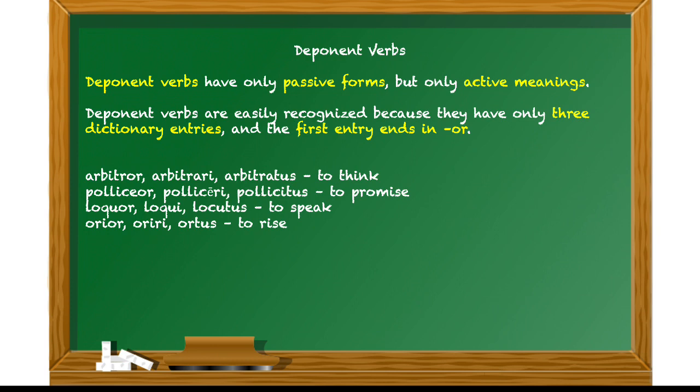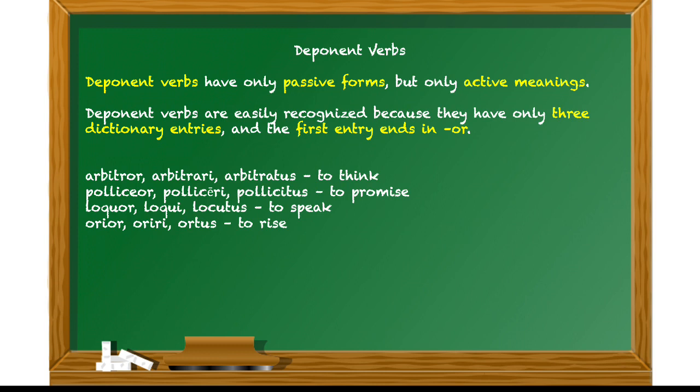A second conjugation deponent because it has the long ERI instead of the usual long ERE on the second dictionary entry. Then we have loquor, loqui, locutus, to speak. That's a third conjugation deponent. It has I on the second dictionary entry rather than the usual short ERE.